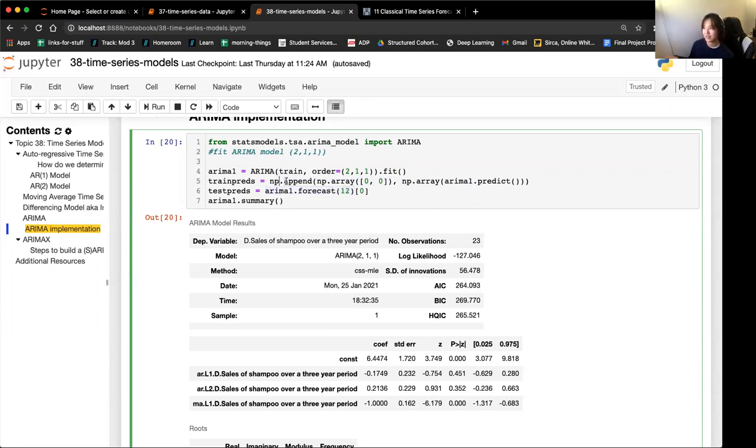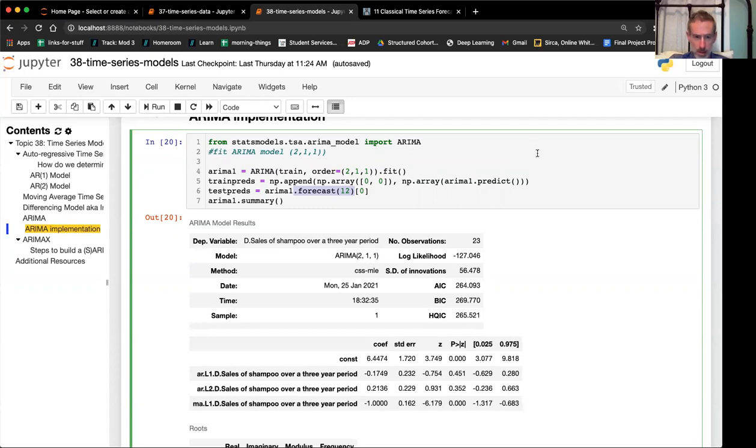I'm forecasting. So with the dot forecast method for any of the statsmodels time series models, you can forecast however many days in the future. So this is 12 days? Well, there were 24 days in our set, and now this is 12 days from that point.